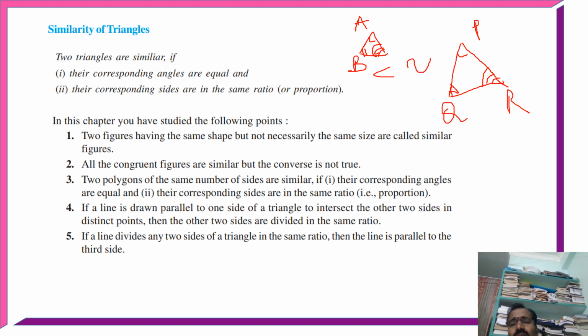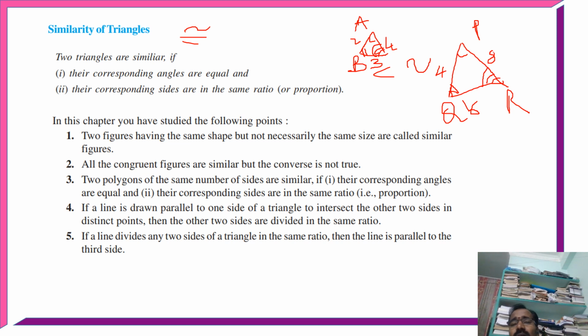This is the similarity symbol, and this is the symbol for congruency. These two triangles are similar when corresponding sides are proportional. Suppose we take AB 2, PQ 4, BC 3, QR 6, AC 4, PR 8.